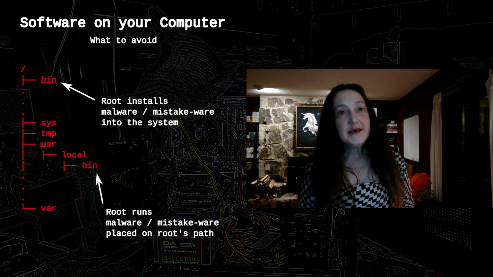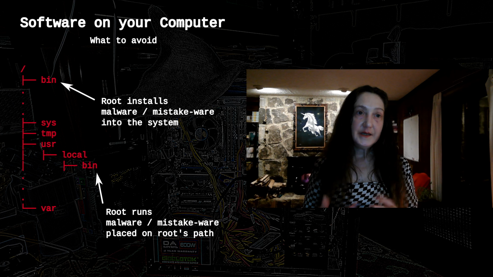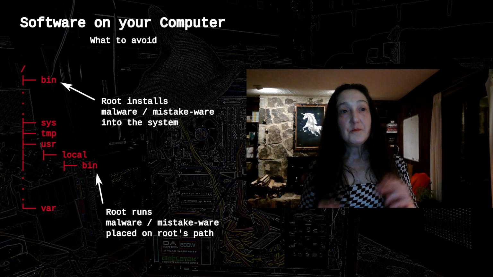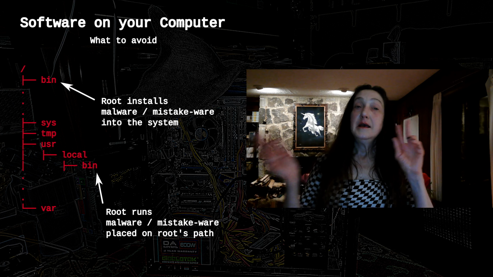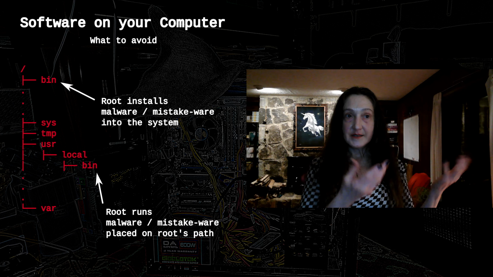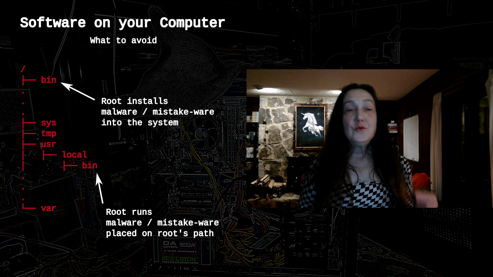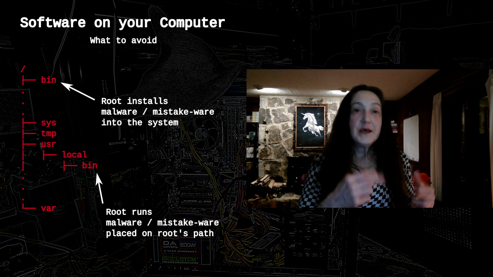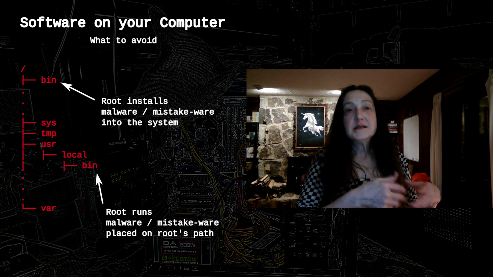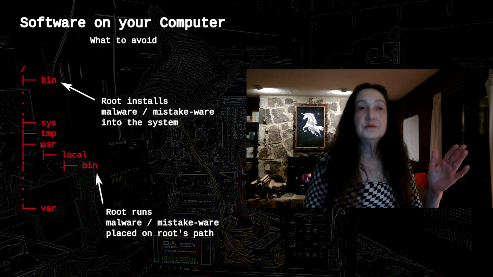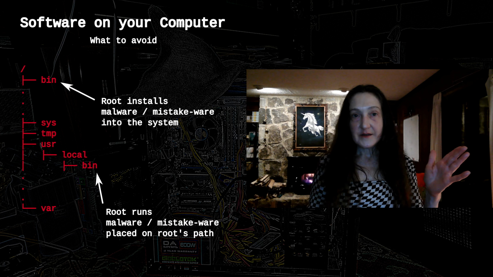So to sort of say that again, what we're trying to avoid is we don't want root to install malware or mistakeware into your system, so in, say, the bin directory. And we don't want, even if we're going to say, okay, let's let installer, let's let some other user own user local and they'll install stuff down in there.